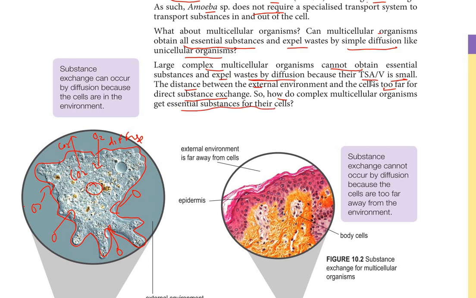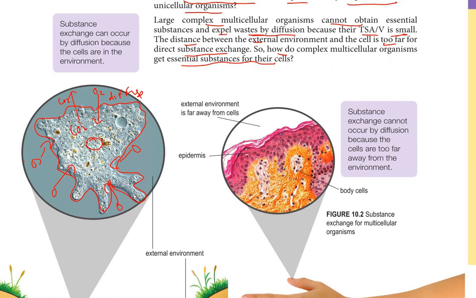From this diagram, you can see that the external environment is far away from the cells. Let's say you have oxygen here. We have a lot of body cells here, and even deeper, we also have body cells. So the TSA over volume is small, meaning the surface area is small compared to this amoeba.